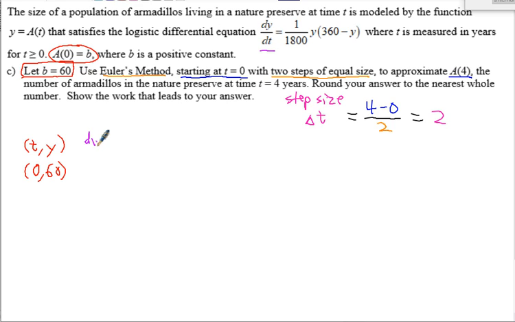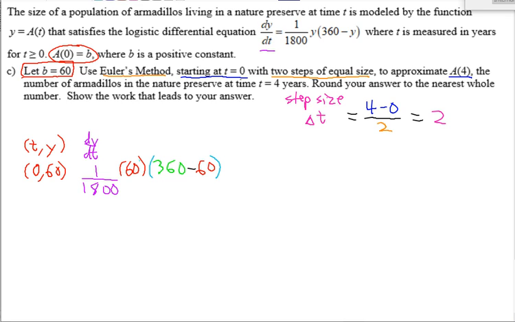In this case, notice it only involves y. So that would be 1 over 1800. And then for y, we'll put in the 60 times 360 minus, again, we'll substitute in the specific y of 60.